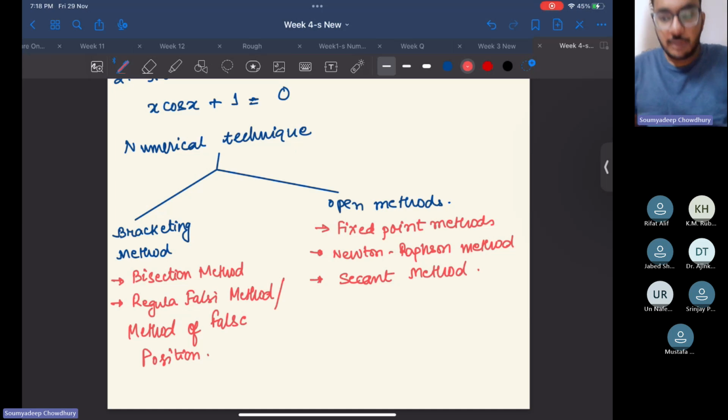Whereas in open methods, we don't have such bracketing. Your initial guess will be given to you, not an interval, and your root will not be enclosed by the limits of the initial solution. So this is the difference between the bracketing method and the open method.